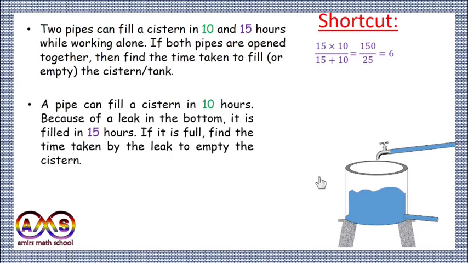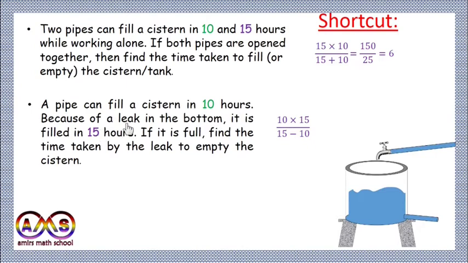Let's see another type of problem. A pipe can fill a cistern in 10 hours. Because of a leak in the bottom, it is filled in 15 hours. If it is full, find the time taken by the leak to empty the cistern. For this type of problem, our shortcut is to multiply these two numbers divided by the subtraction of the smaller number from the large number.